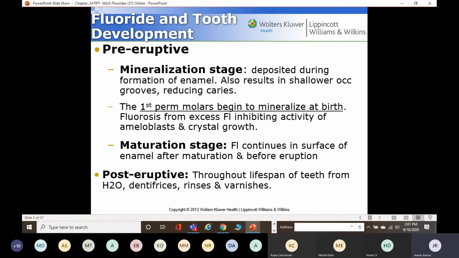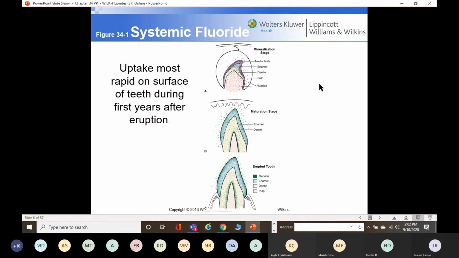In the maturation stage, the fluoride continues in the surface of the enamel after the tooth matures and before eruption. Post-eruptive, this is throughout the lifespan of the teeth from water, mouthwashes, toothpaste, etc., rinses and varnish. Systemic fluoride uptake is most rapid on the surface of the teeth during the first years after eruption.